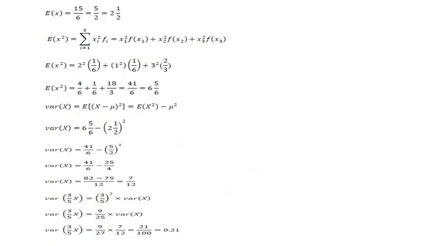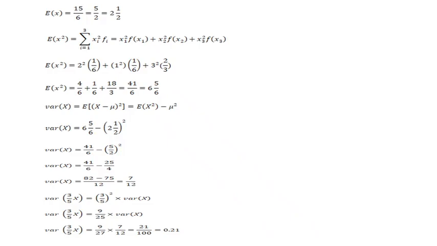So E of x squared equals the summation, i ranges from 1 to 3, of xi squared f of xi, which equals x1 squared f of x1 plus x2 squared f of x2 plus x3 squared f of x3.